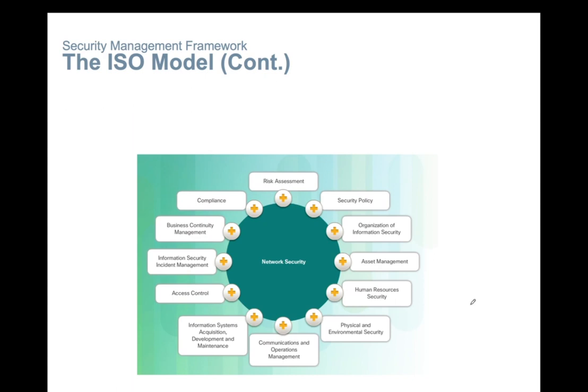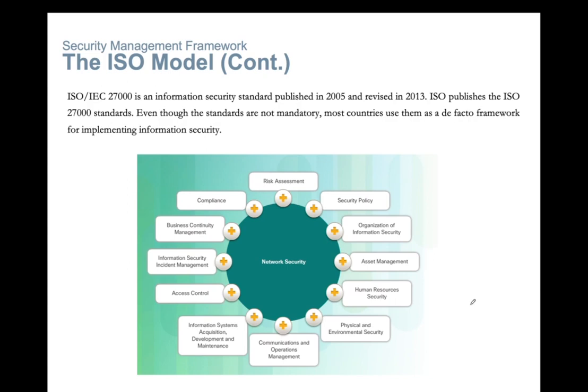In this model, ISO/IEC 27000 is an information security standard published in 2005 and revised in 2013. Even though the standards are not mandatory, most countries use them as a de facto framework for implementing information security.